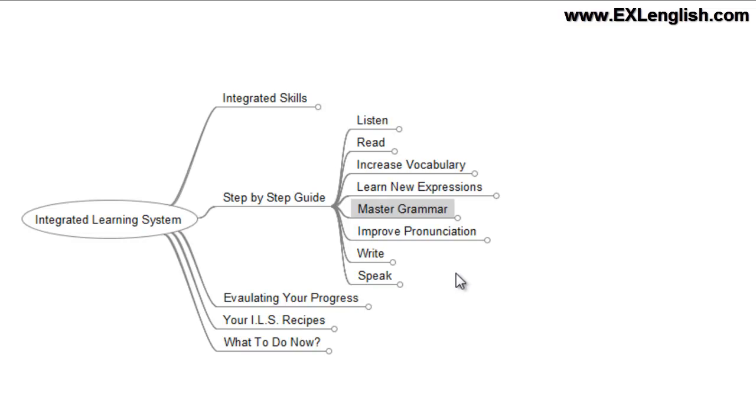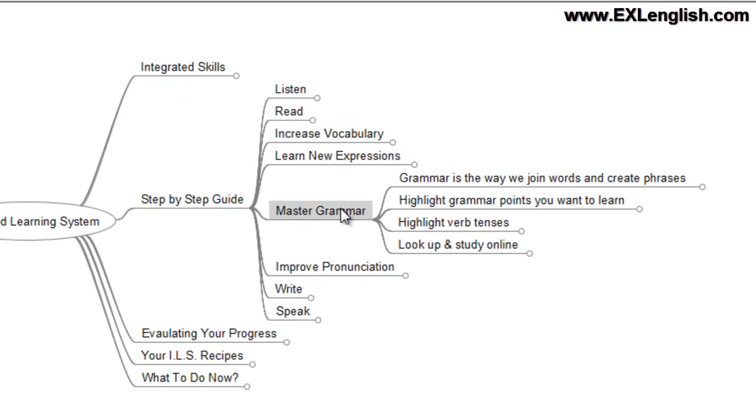Step number 5, you're going to use your text and audio to understand how the grammar works so that you can speak better, so that you speak correctly and you become a more proficient English speaker. So that's what we're going to cover in this video.